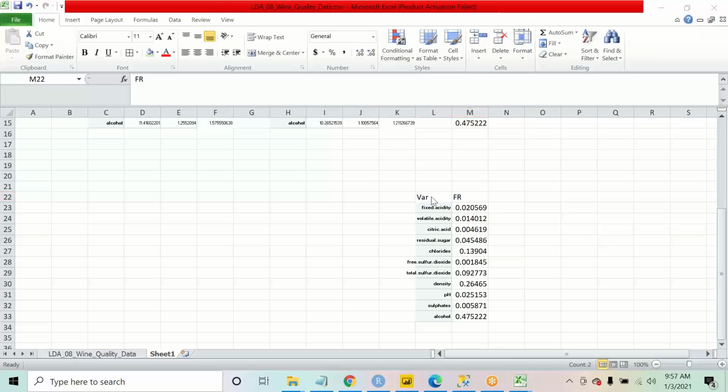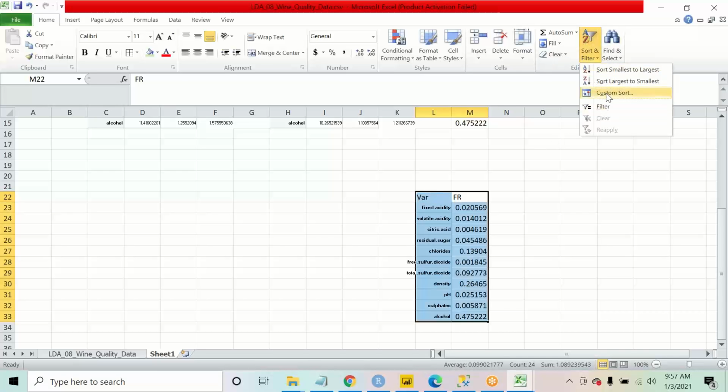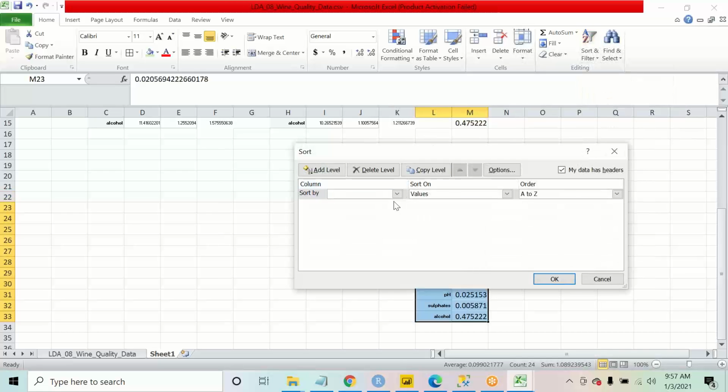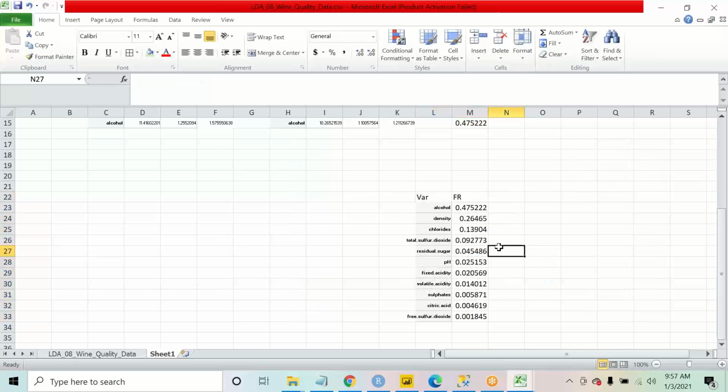What I can do now is simply select this data and custom sort on the basis of Fisher's ratio from largest to smallest and click OK. I can see the highest importance is coming for the variable alcohol, then for density and for chlorides.